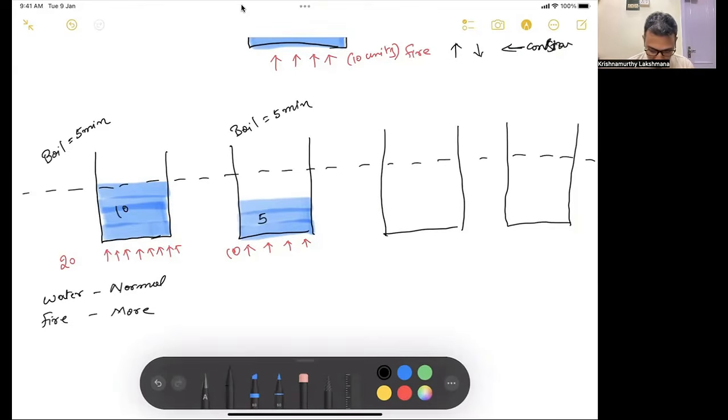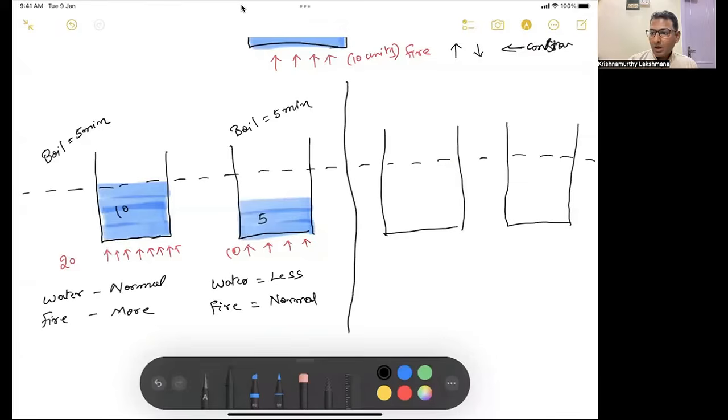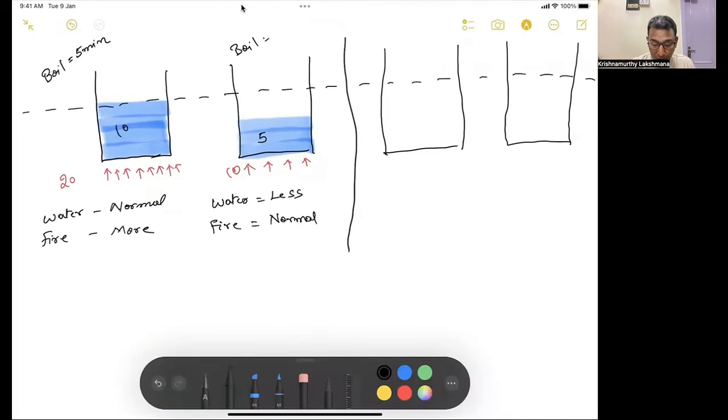So here, what is the condition that we are having? Water less and fire normal. So what do we call this situation in TCM?